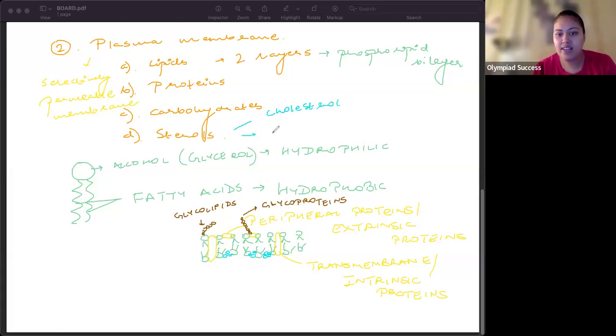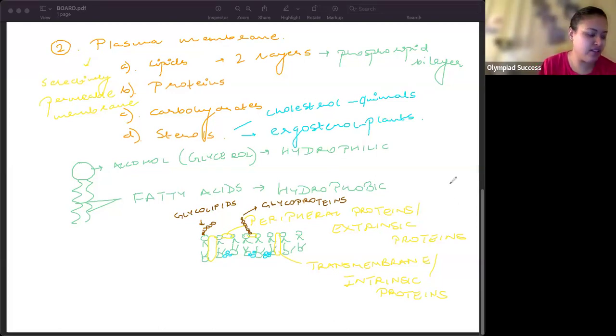And in plants, ergosterol is present. So this is for animals. And this is for plants. Okay, this will simply provide a little bit of strength to the cell membrane.